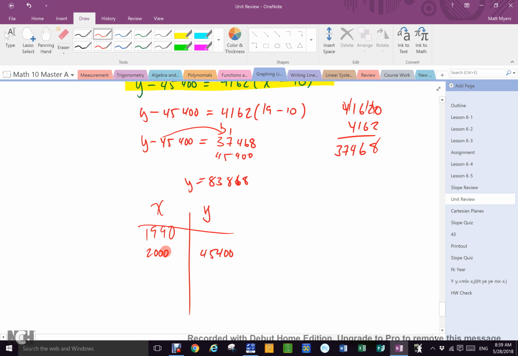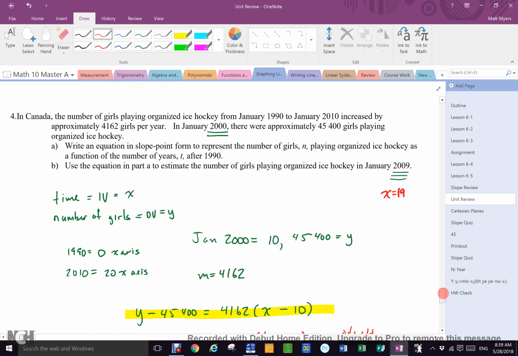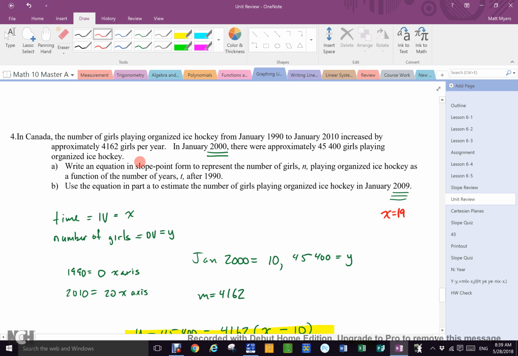And because you knew it was a line, they knew it was going up by 4,162. So they went 2001 and added 4,162. Then they did 2002 and added 4,162. Is that legitimate? Did it get you the right answer? Does it prove to me that you understand point-slope form? No.